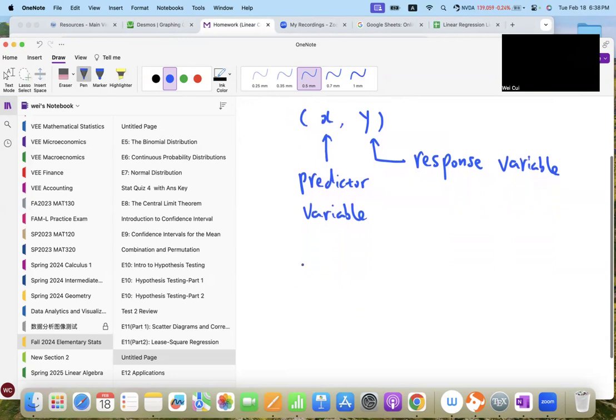The X and Y can have the following relations. The first one is there is a linear relation between these two variables. The second case is there is a non-linear relation.